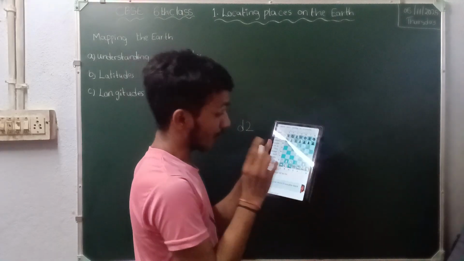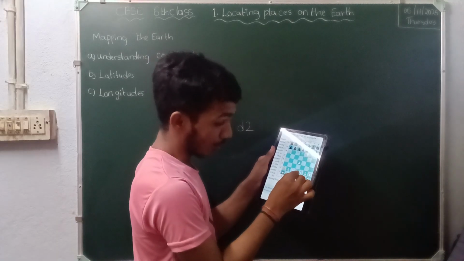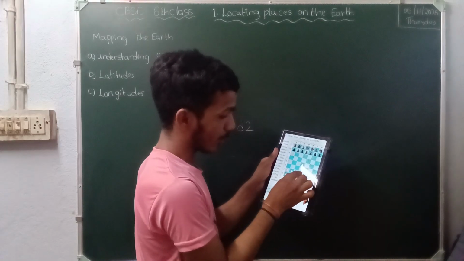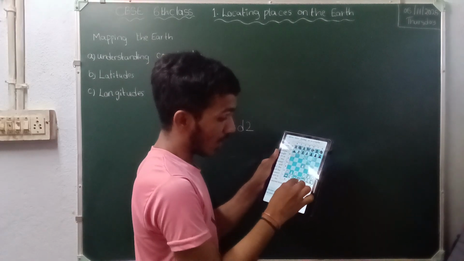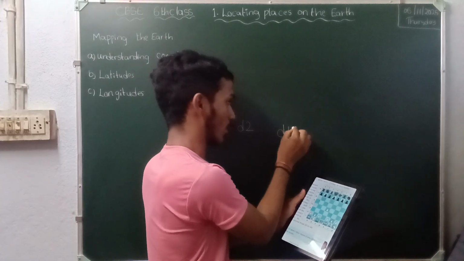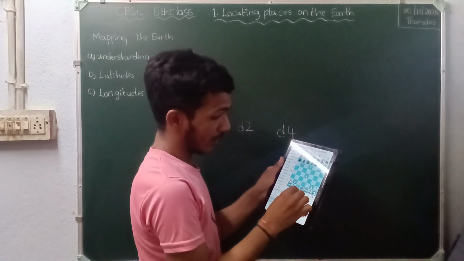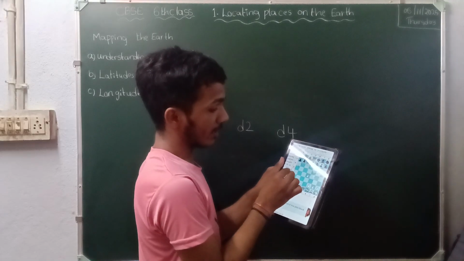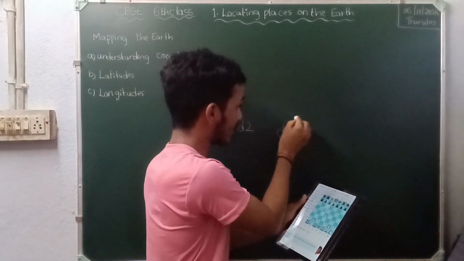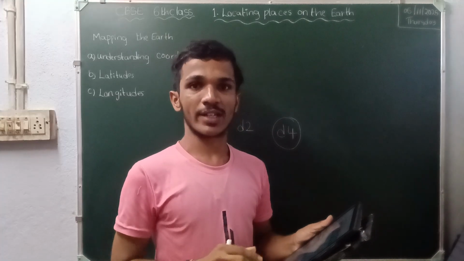After the soldier moves 2 steps forward, the location becomes D4, because in the same column it moves 2 steps forward, and on the left side the number increases by 2. The one which shows the exact location is known as coordinates.